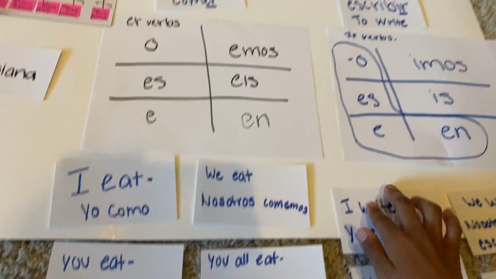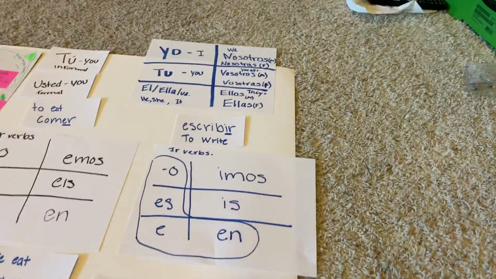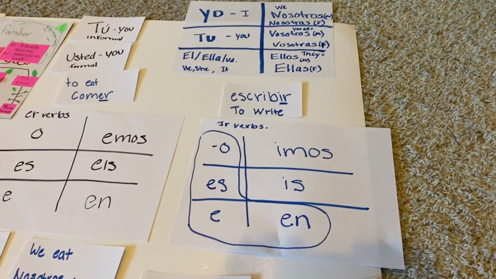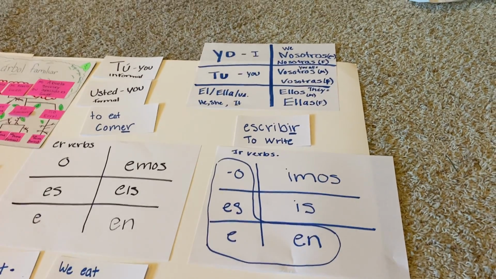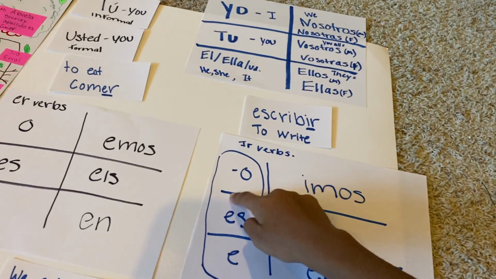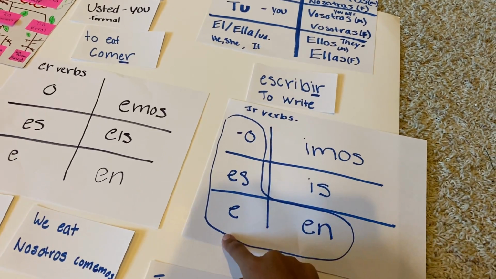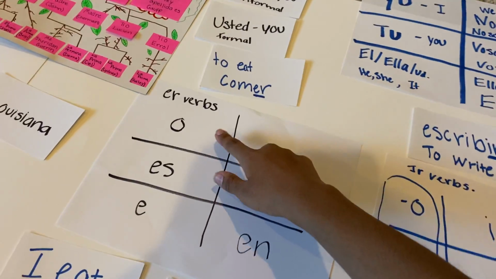Next, we move on to our IR verbs. IR verbs are quite similar to ER verbs, except for these two. Ones that are in the boot remain the same. So we have O, S, A, N, the same with ER verbs.